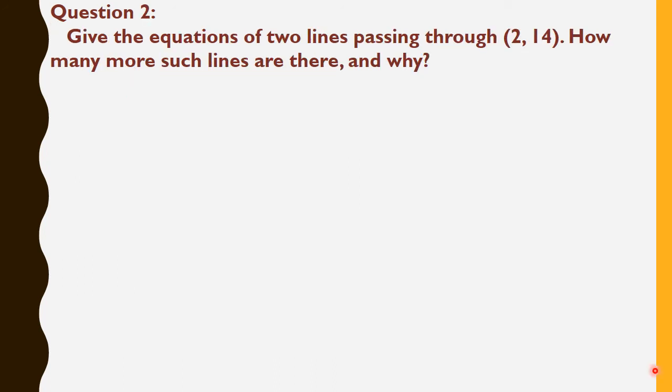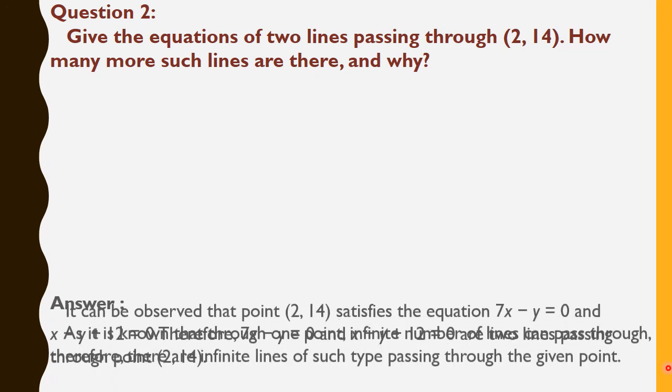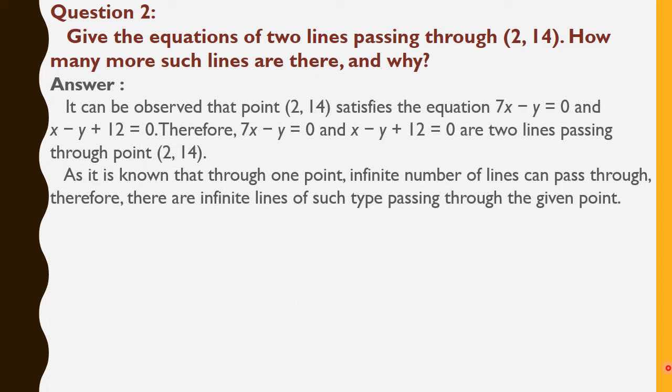In the second question, they have asked us to give the equations of two lines which are passing through the point (2, 14). How many more such lines are there and why? It can be observed that the point (2, 14) satisfies the equation 7x minus y equals 0.